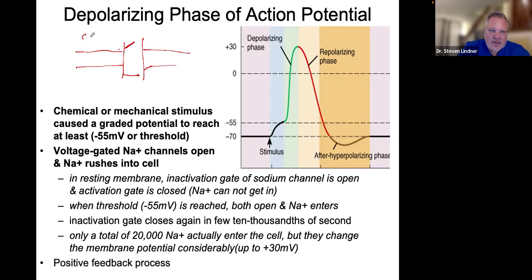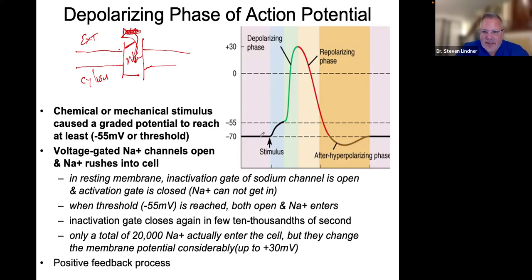This is extracellular, this is the cytosol. When some sodium comes in here, it moves into the cell.